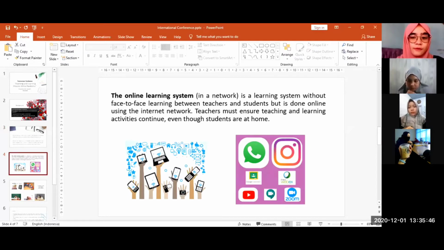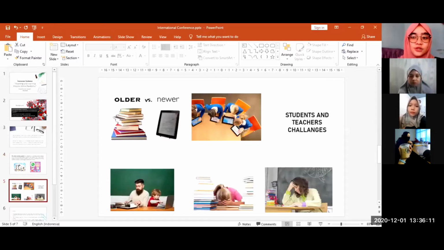As we know from the pictures below, today we have to understand and master the use of technology, for example, by using applications to do the teaching and learning process. For example, WhatsApp, Instagram, Google Classroom, YouTube, Zoom, and etc. So it makes students and teachers face a challenge.